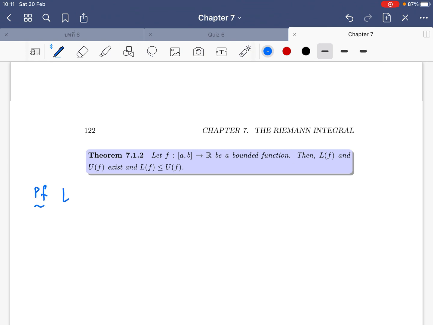We are going to let P and Q be any partitions of the closed interval from a to b.